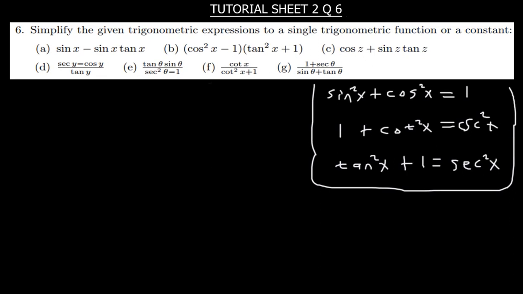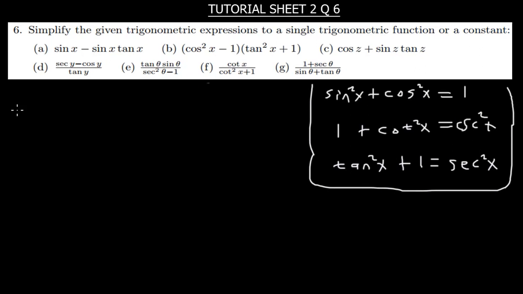Since sec y minus cos y over tan y, sec y we all know is 1 over cos y, and then minus cos y, which I'll just put over 1, and then everything over tan y.